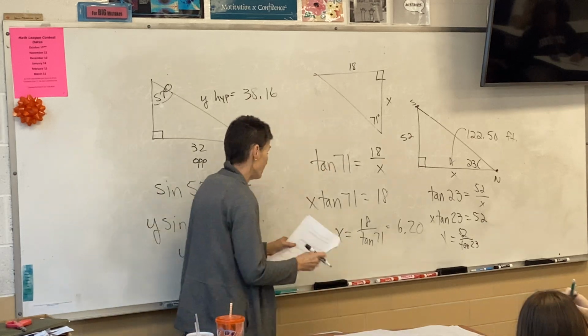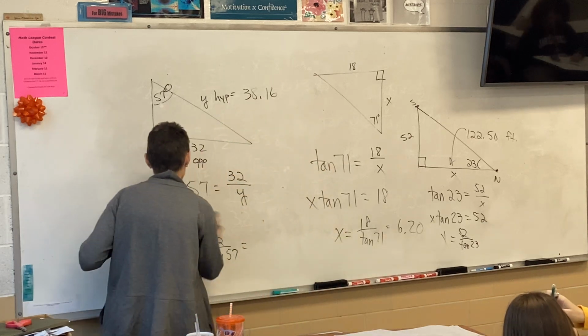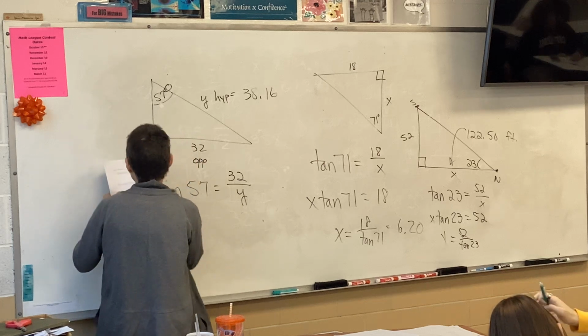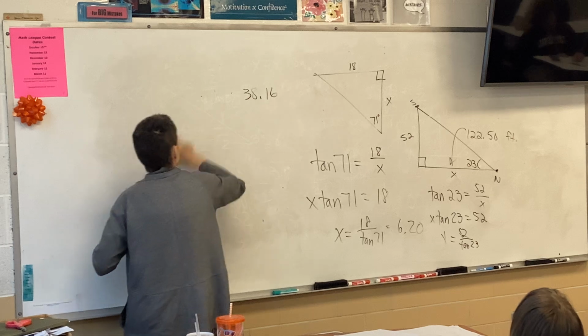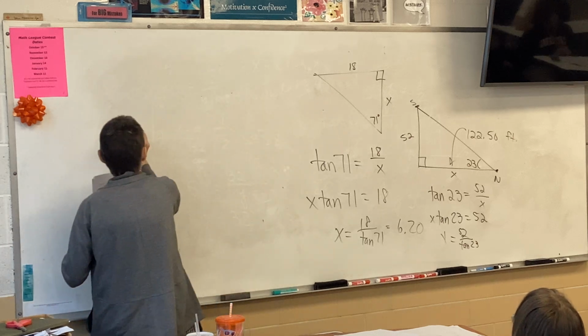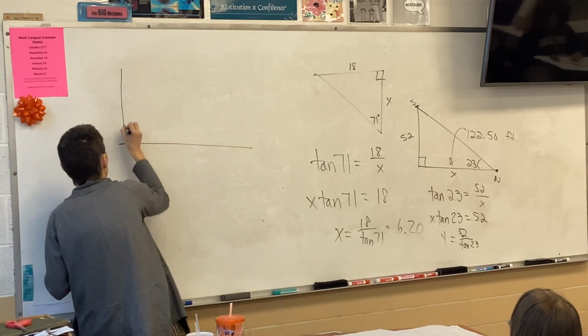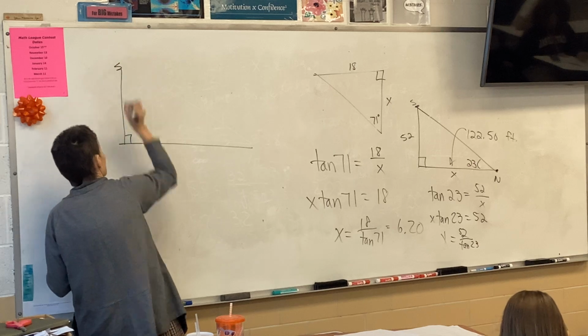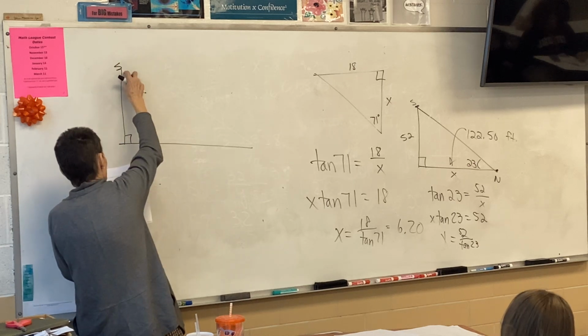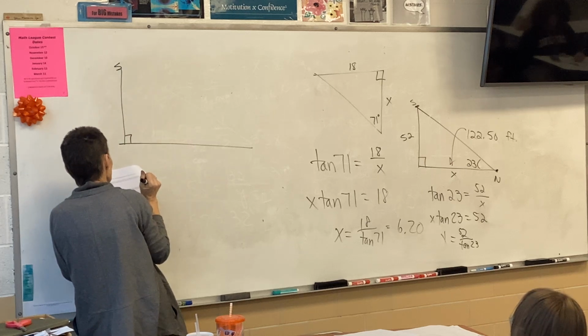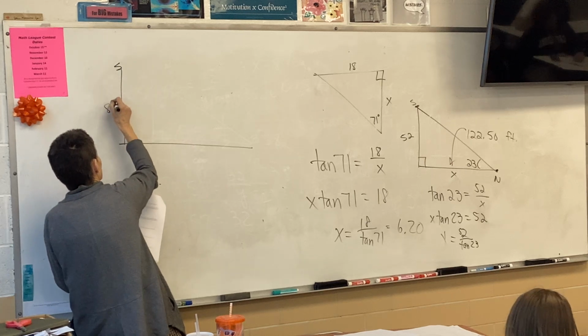Okay, B. Now we got a seagull, and he's on top of a lighthouse. So, here's my lighthouse, here's my seagull. The gull is 87 feet above sea level.